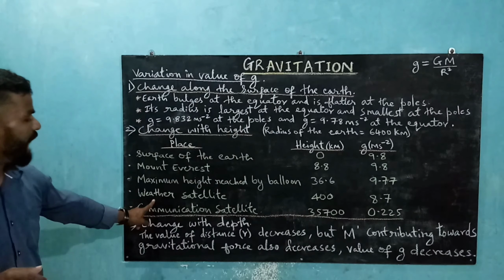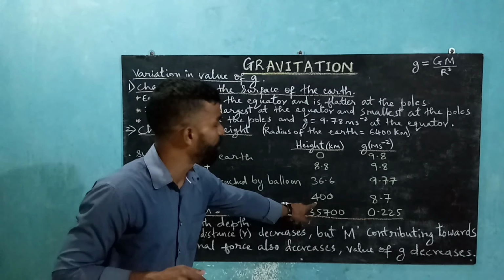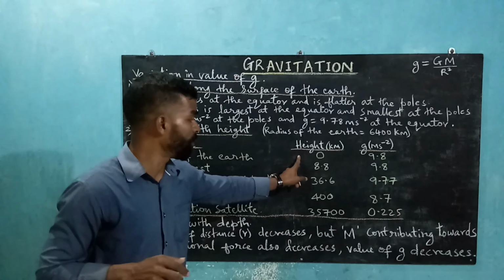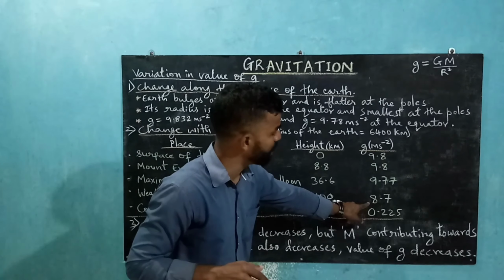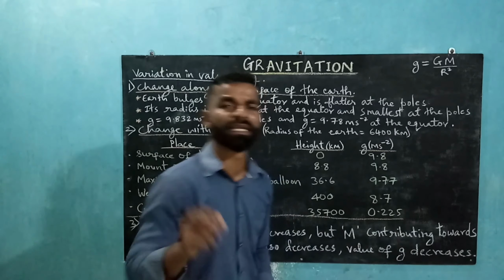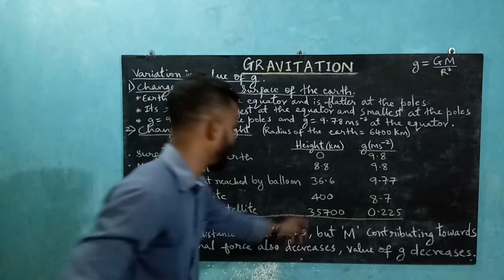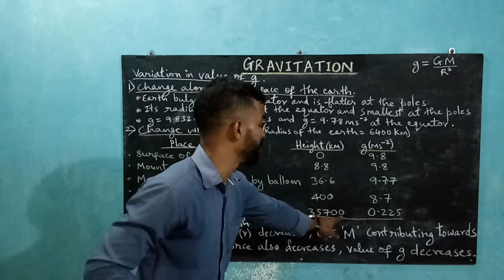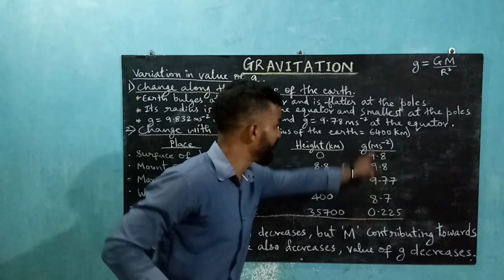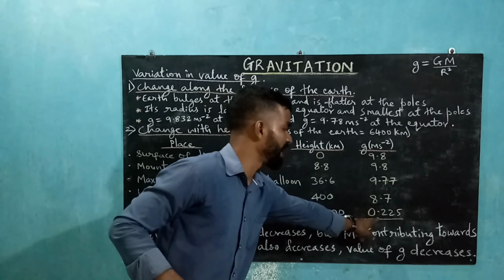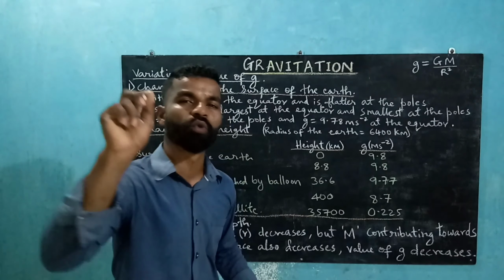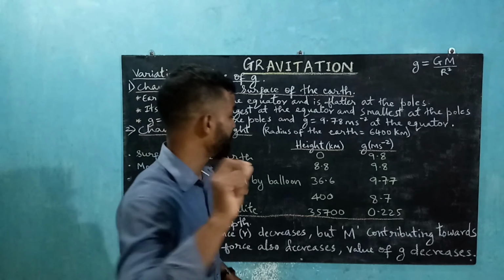Then the height reached by weather satellites is 400 kilometer. So the value reduces to a greater extent, 8.7 meter per second square. And communication satellites, which are very high, at 35,700 kilometer. For that, the value for acceleration due to gravity is 0.225 meter per second square.